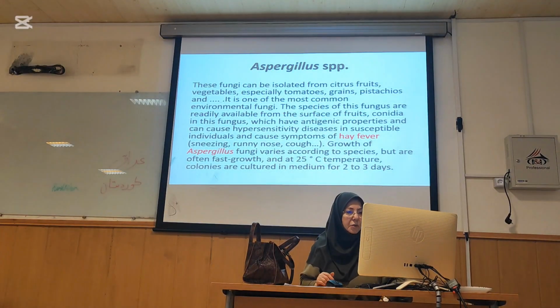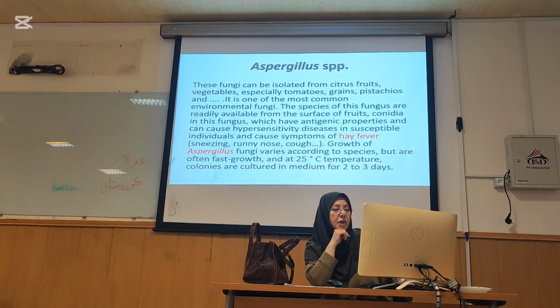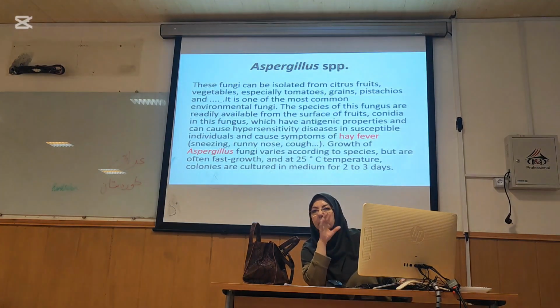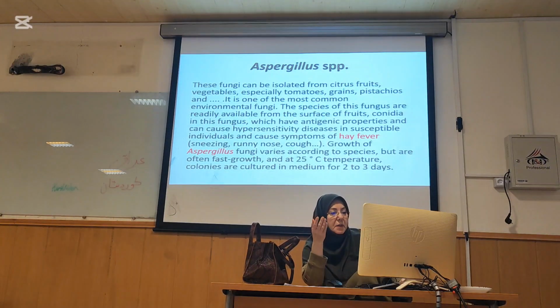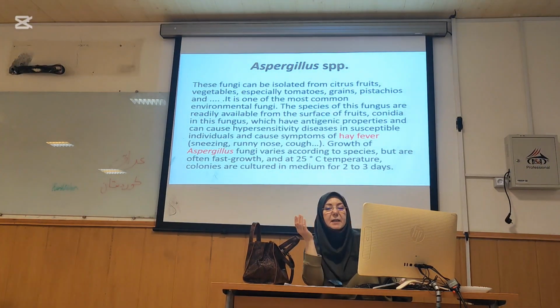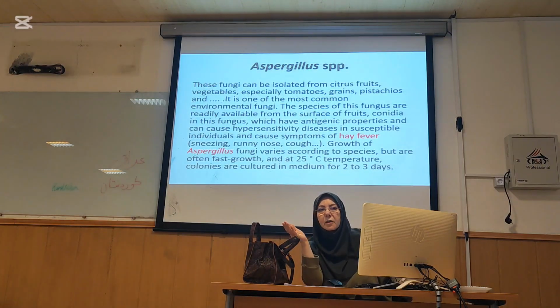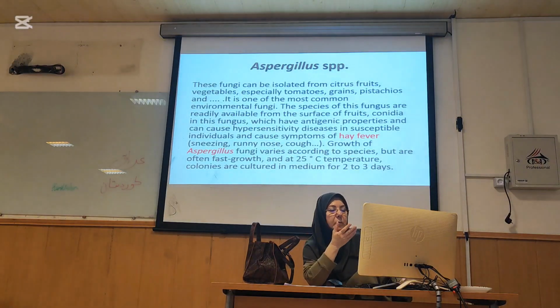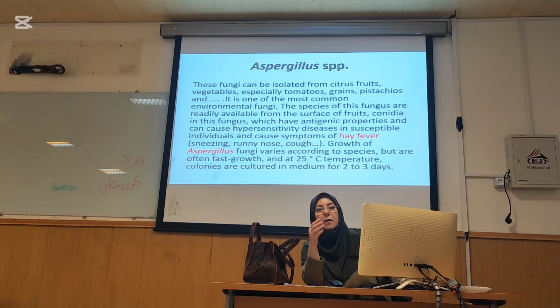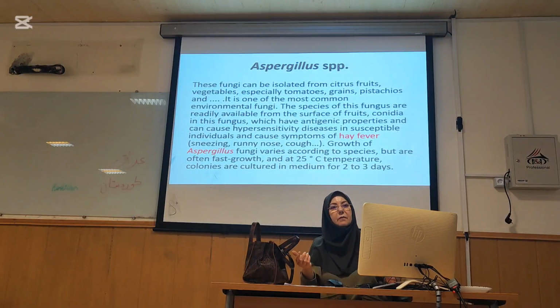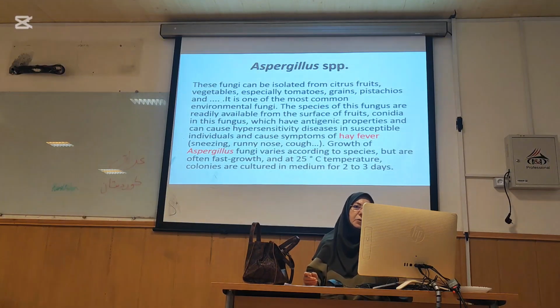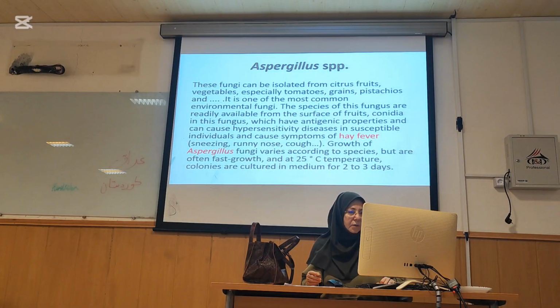So Aspergillus spp. can be isolated from some fruits like citrus fruits, vegetables, especially tomatoes, grains, pistachios, and so on. So in the refrigerator, you usually see some species of Aspergillus on the surface of fruits like oranges and tomatoes.